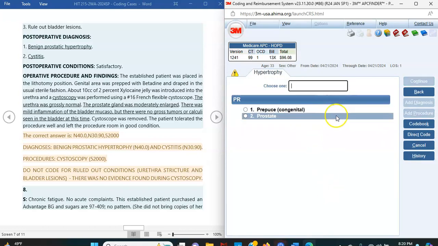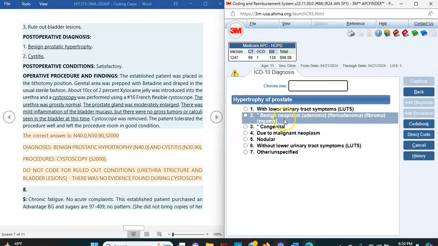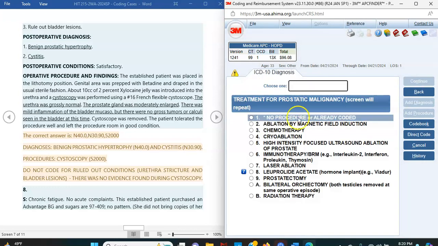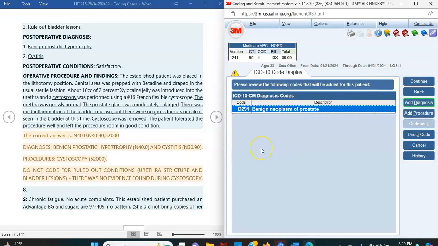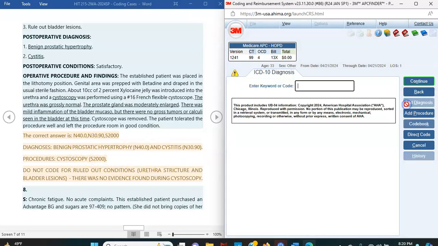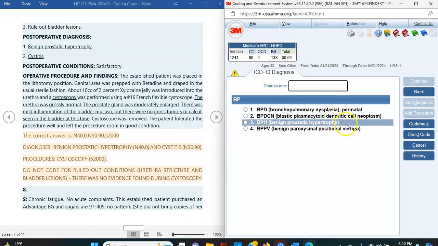Okay, so prostate benign. And no procedure. Benign neoplasm of the prostate. Ooh, that's not the right code. So let's go back. Oh, there it is right there.